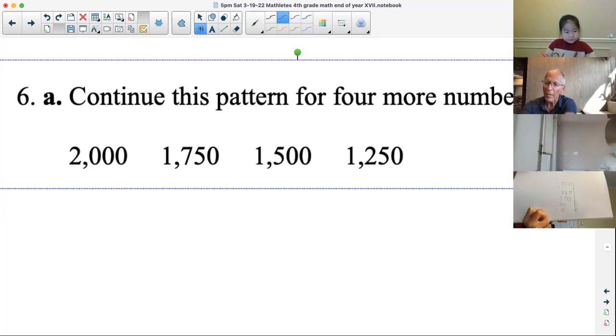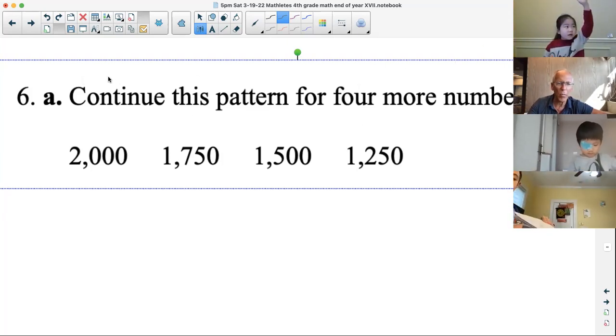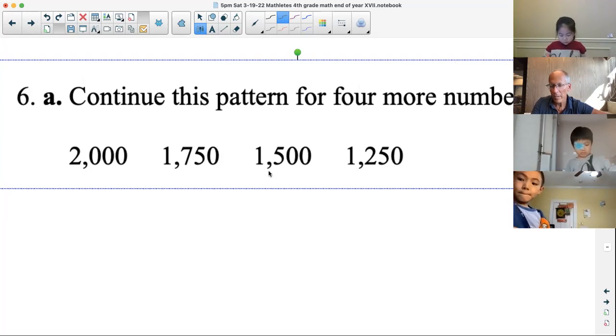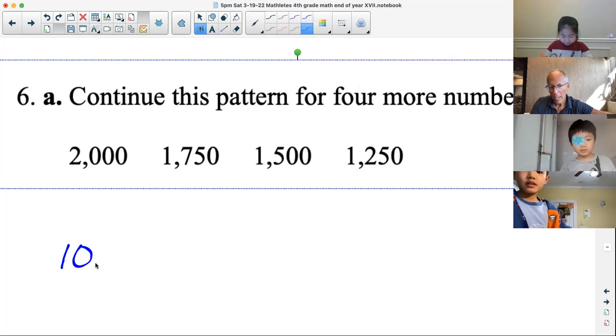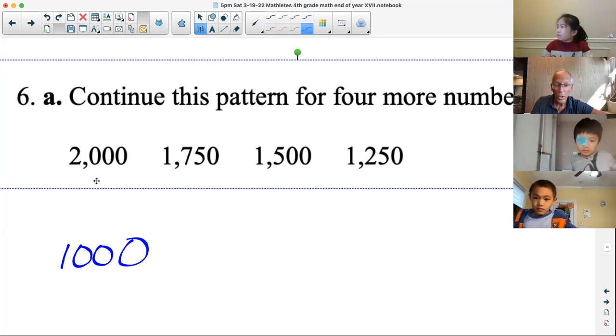Who thinks they've got it? Oh, Jason B. Why don't you give me the first number? 1,000. And Eleanor, I just got 1,000. Well, what is the rule here?